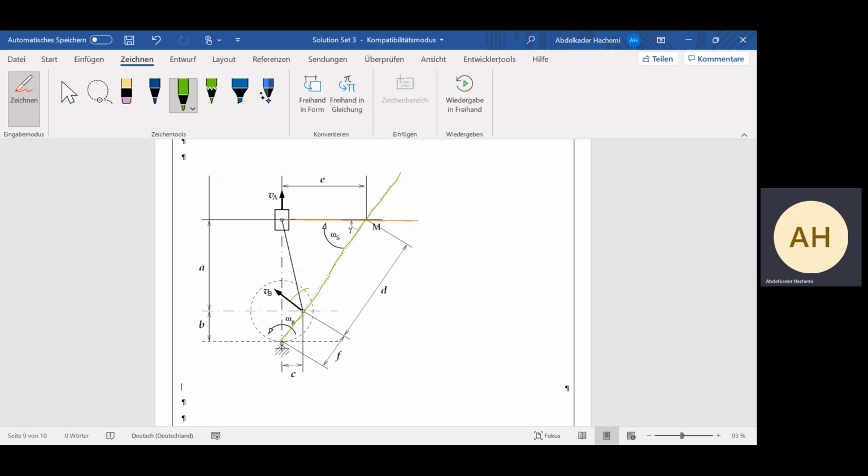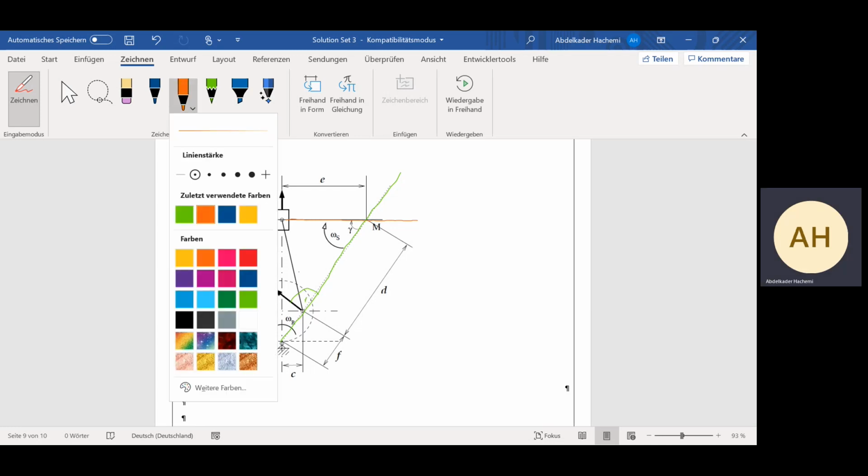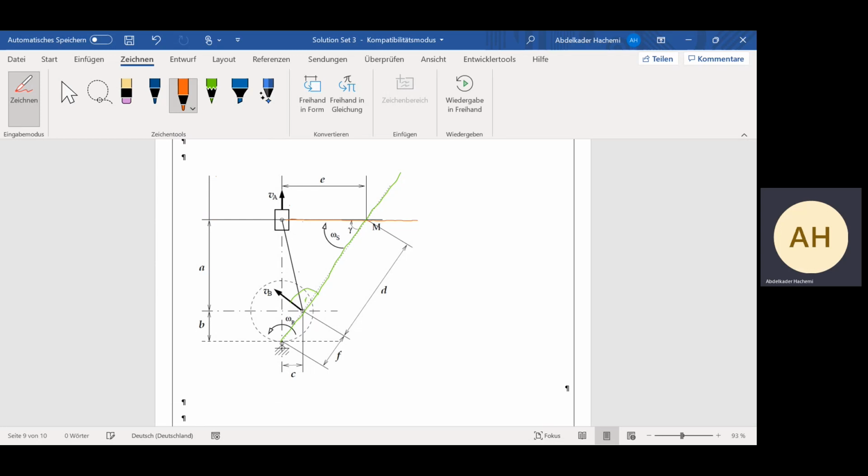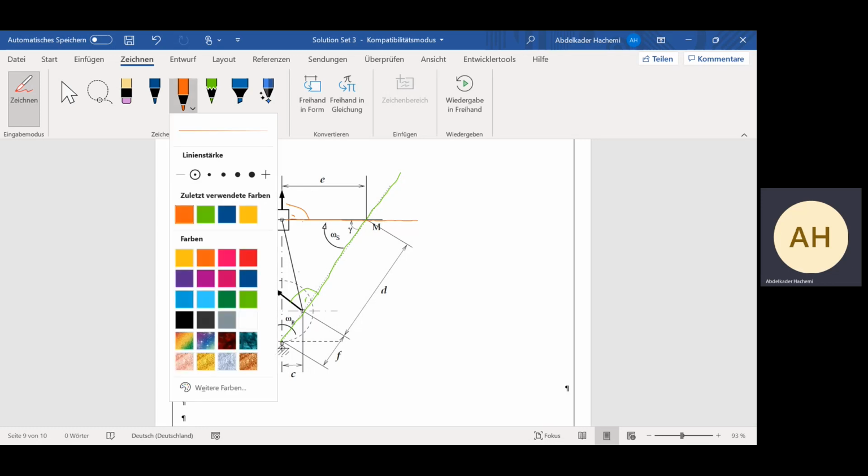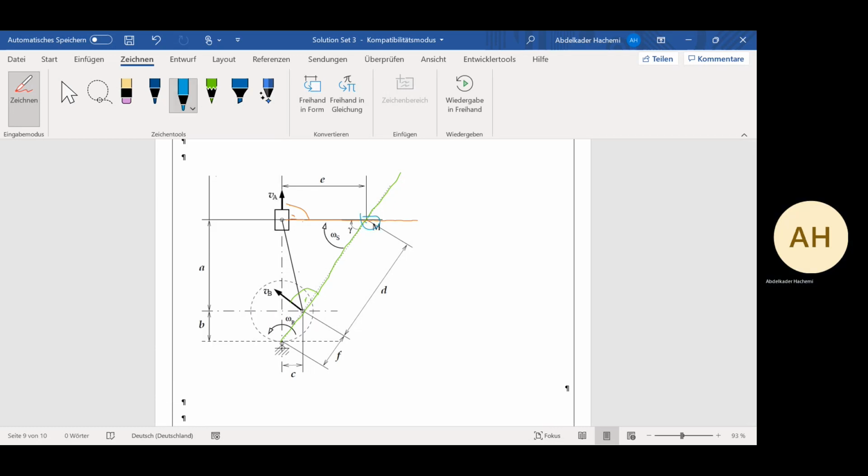Here we have 90 degrees, and at this point R we also have 90 degrees. That means this point M will be the instantaneous center of rotation.